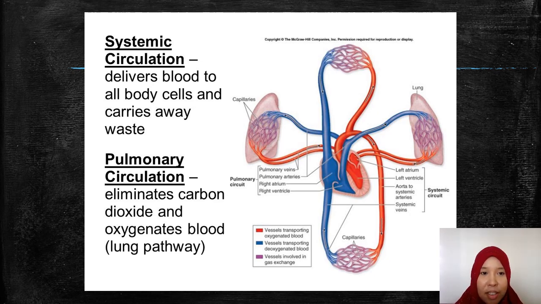It delivers blood to all body cells and carries away waste. Whereas pulmonary circulation is where you eliminate carbon dioxide and oxygenate your blood. This is between the heart and the lung. That's why it's called pulmonary. Whenever there's pulmonary, it basically means lung.